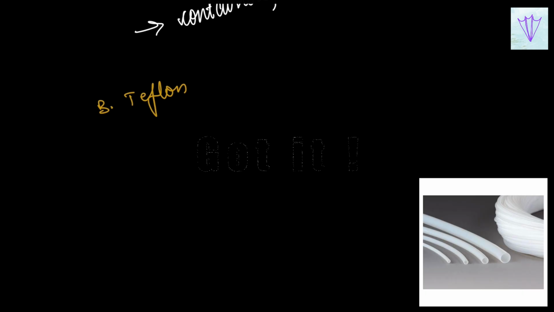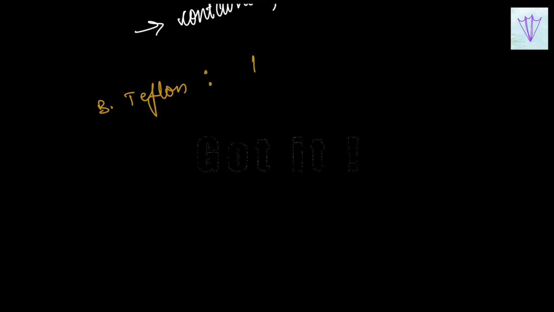So the next plastic we are going to study is Teflon, which is also called polytetrafluoroethane. It is formed by the polymerization of tetrafluoroethane molecules, and it is also a thermoplastic.